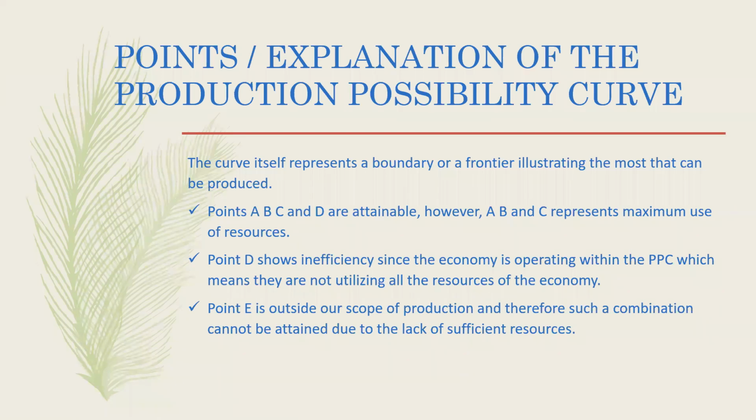Idle resources, wasteful, it's here, you're looking at it, you're seeing it, but you're not doing anything with it. That is our point D of the PPC. Point E, which we saw to be outside, is outside the scope of production, and therefore such a combination cannot be attained due to lack of sufficient resources. That long sentence just summarized one word: scarcity.